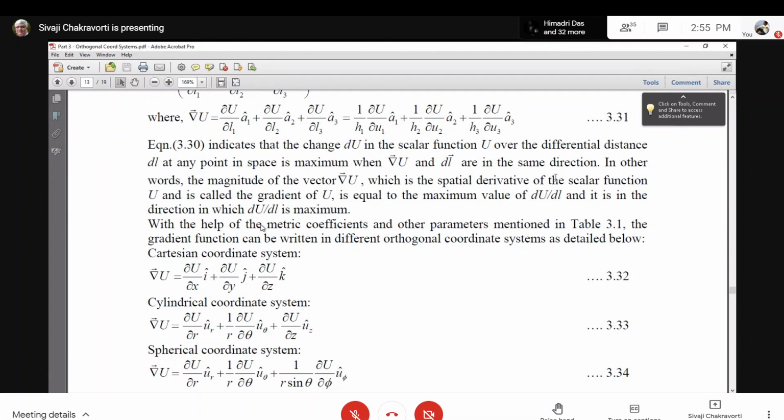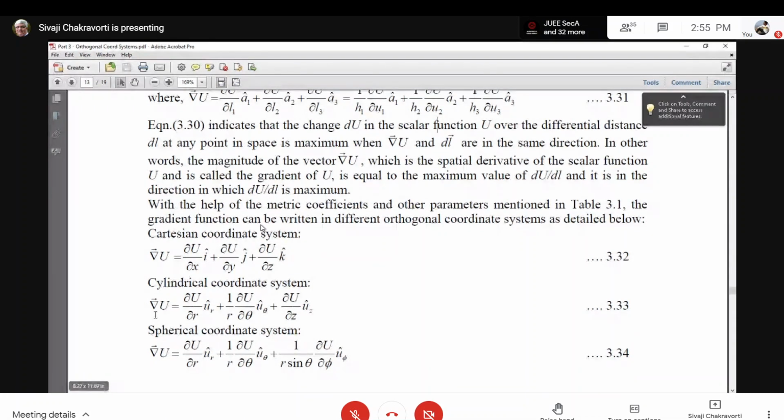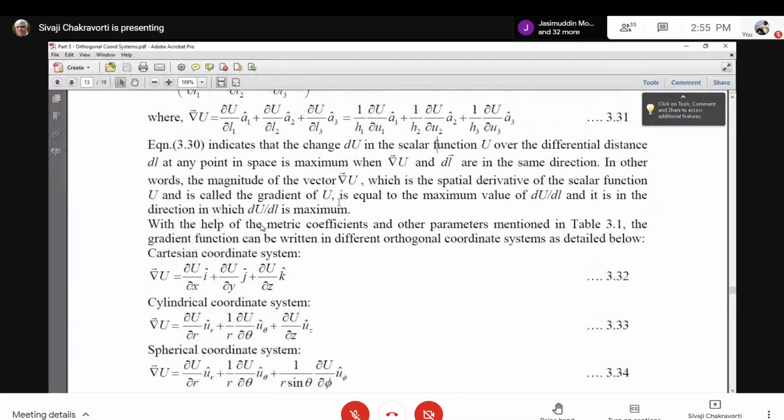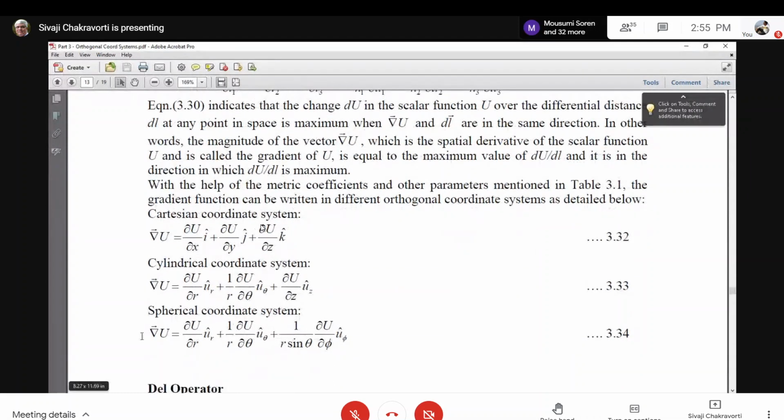You put it, you get equation 3.33. Now we have the gradient function in the cylindrical coordinate system. In the spherical coordinate system, u1, u2, u3 is r, theta, phi, a1, a2, a3 is ur, u theta, u phi, and h1, h2, h3 is 1, r, r sine theta. Put it there, you get equation 3.34.